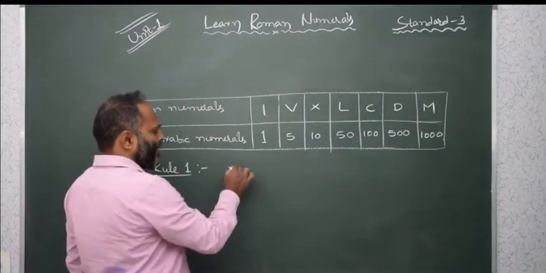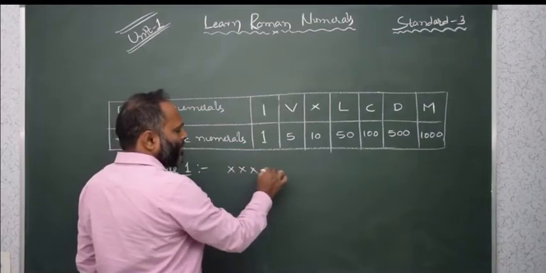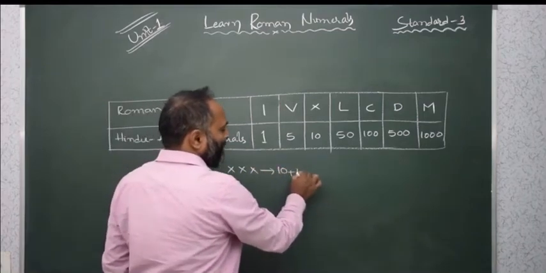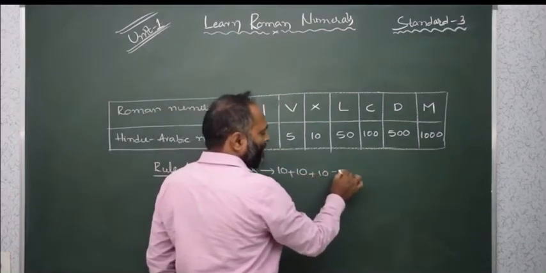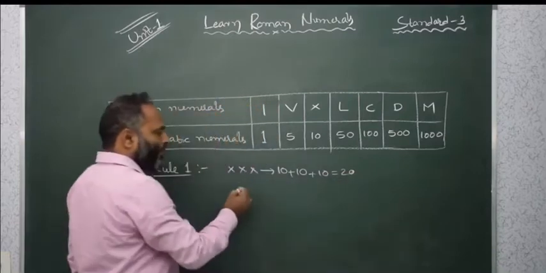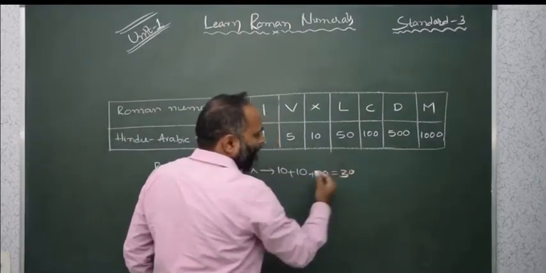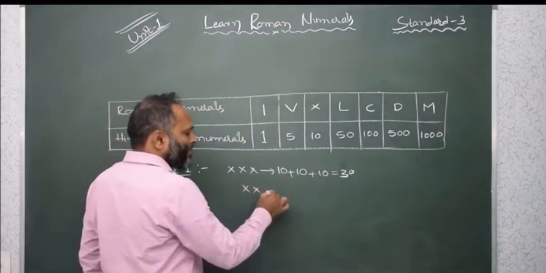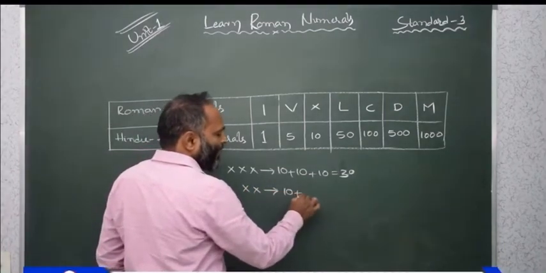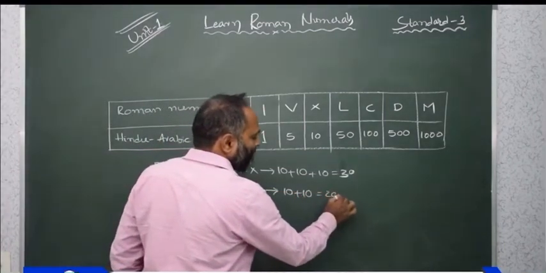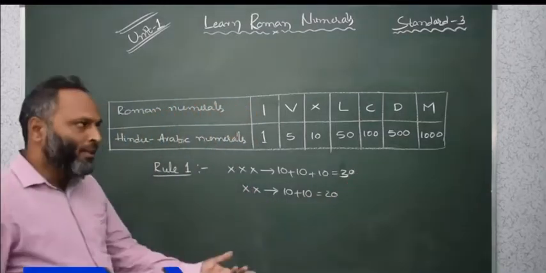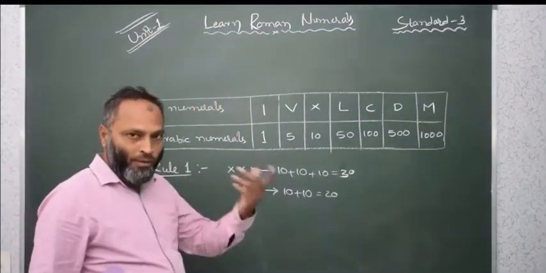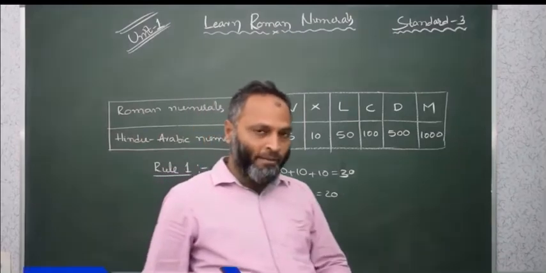If X repeats 2 times, we add 2 times only: 10 plus 10 is 20. If the Roman numerals repeat, we have to add.